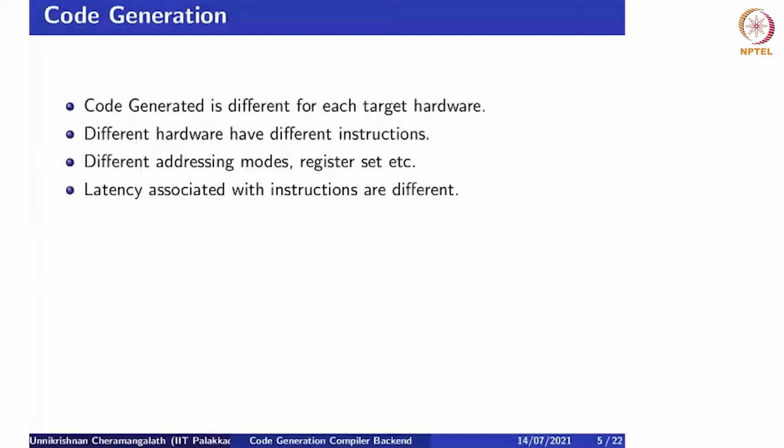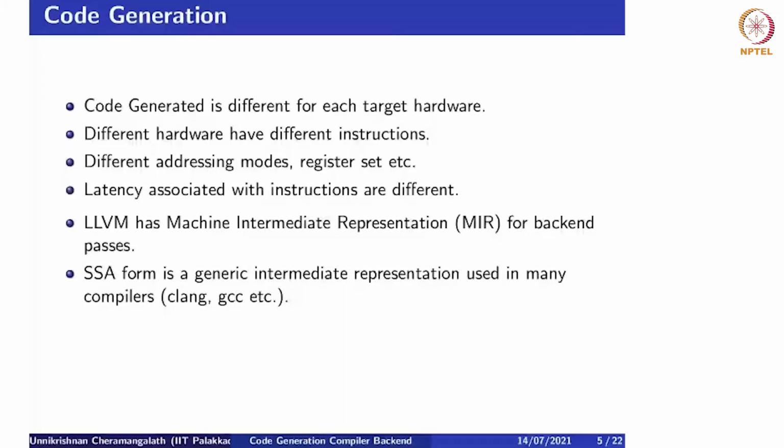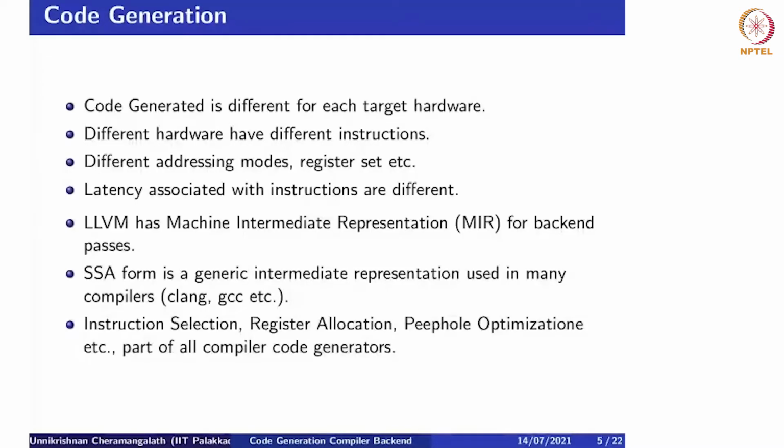So LLVM has a machine intermediate representation. It's called MIR, used for the backend passes. I worked with LLVM IR, that is called a midlevel pass. SSA form is a generic intermediate representation used in many compilers like Clang, GCC, etc. We will not be looking into SSA form, but SSA is generic. Instruction selection, register allocation, peephole optimization, etc. are part of the compiler code generator.